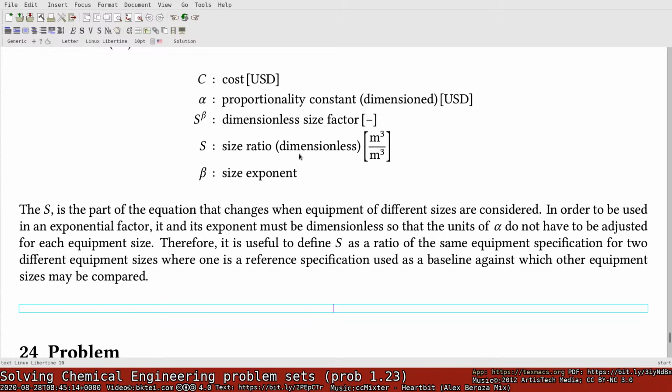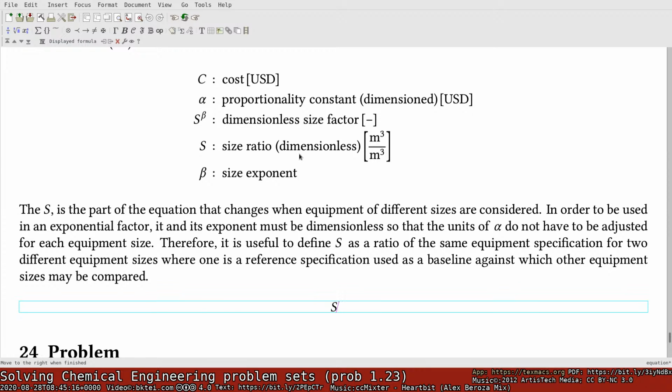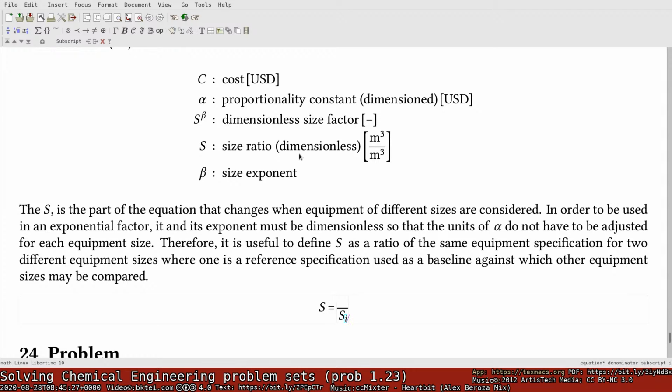And let's just maybe put that into practice here. So let's call S equal to a ratio of a size baseline against a size, which is, so let's not use the same variable. Let's just do small s for now.